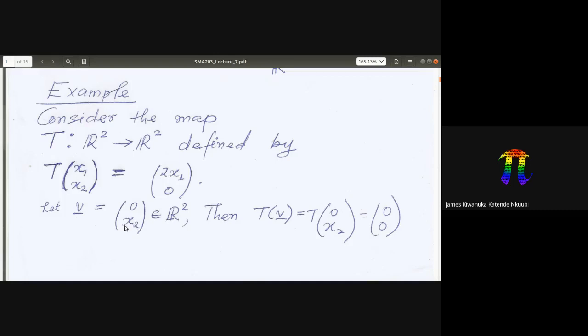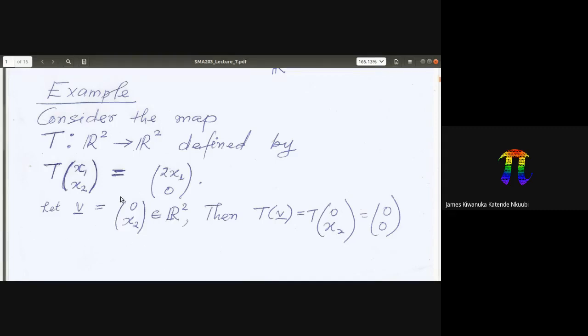And it doesn't matter what is here, because x2 does not affect the image. So any vector in this form will be sent onto the 0 vector in R2. So we shall see how to find these vectors. Right now, we are just running through this, but there are techniques to always find the kernel.